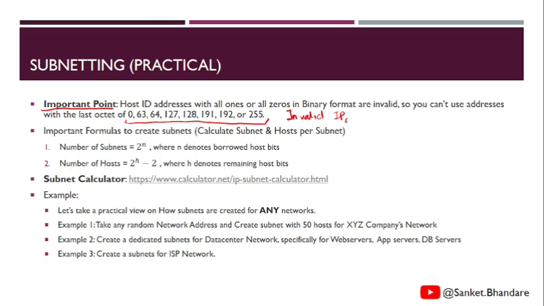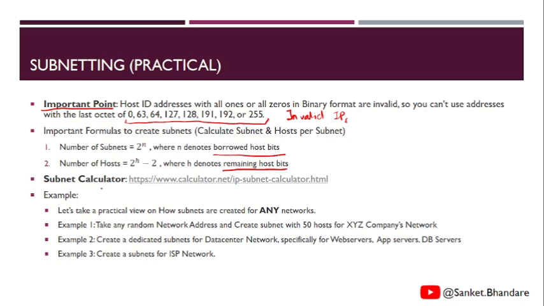Important formulas to create subnets are as follows. The number of subnets is equal to 2 raised to the power of n, where n denotes borrowed host bits. The number of hosts can be calculated as 2 raised to the power of h minus 2, where h denotes remaining host bits.